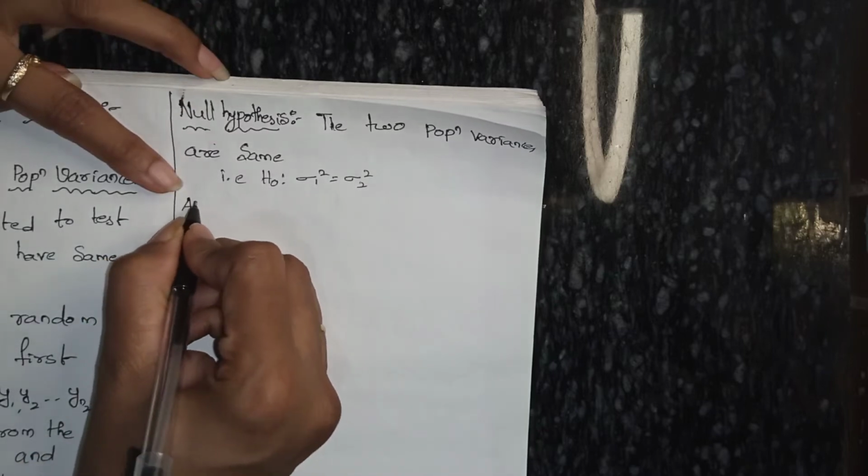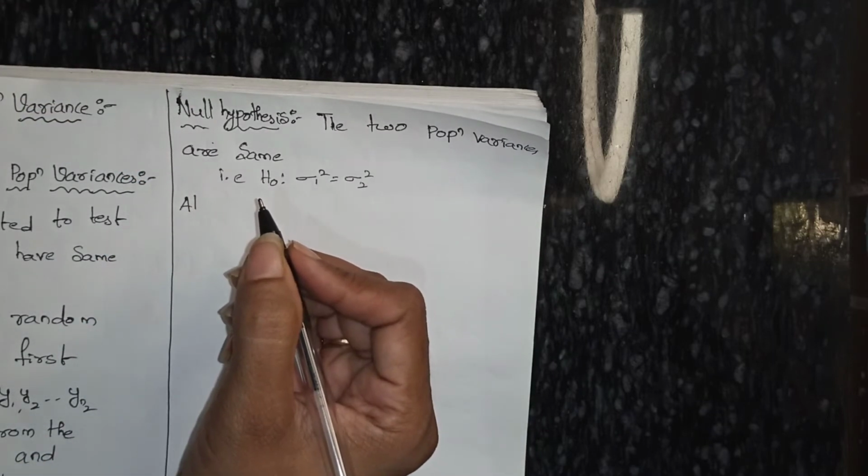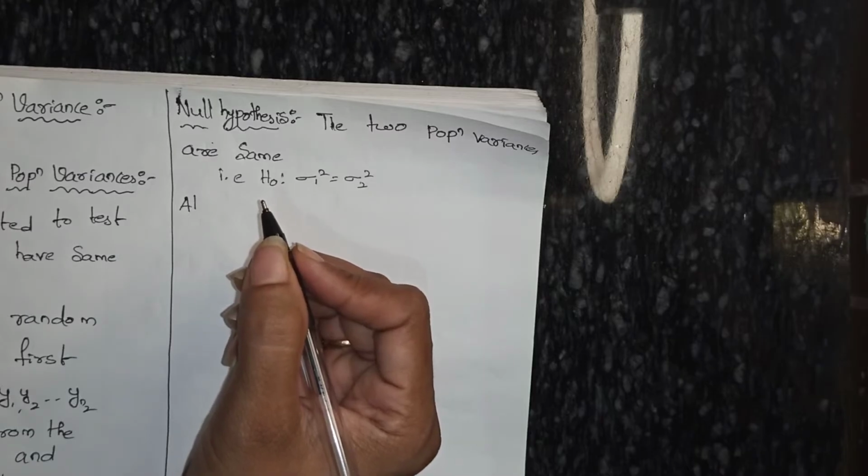Next, the alternative hypothesis. Here we think that the two population variances are not same.